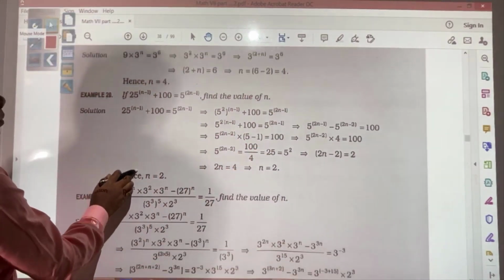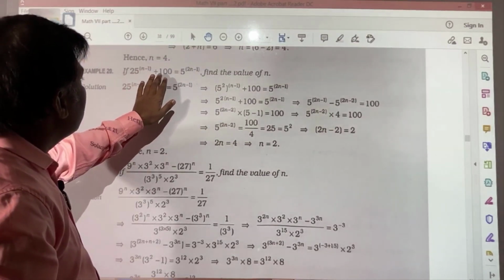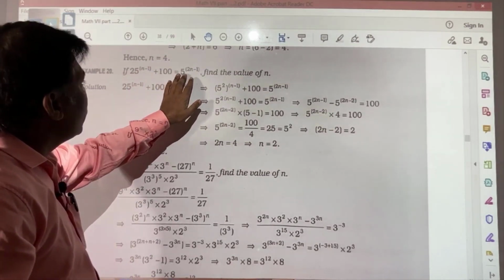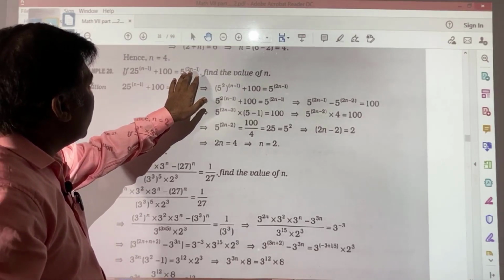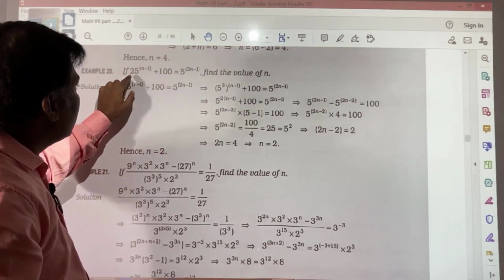Then you have 25 to the power n minus 1 plus 100 is equal to 5 to the power 2n minus 1. This is also a very important question and so easy it is, just you see.